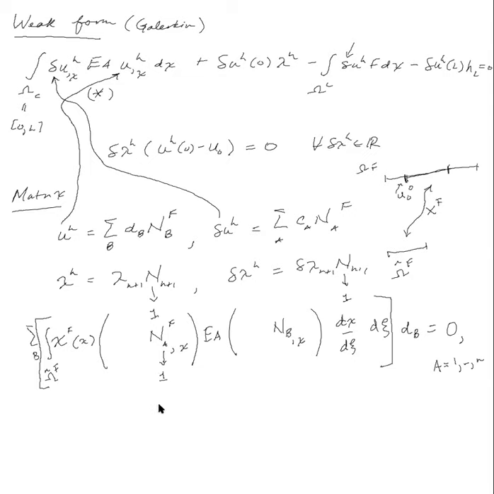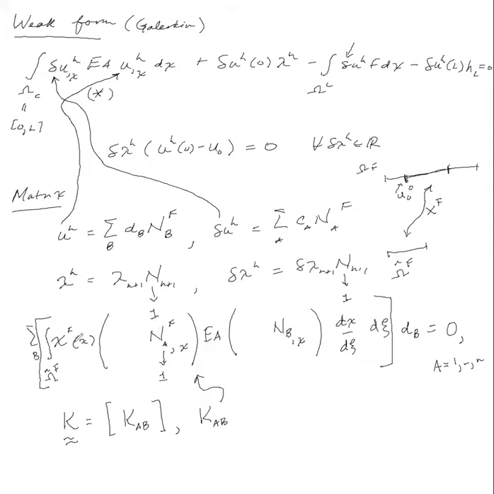This is going to give us the so-called stiffness matrix, where K is equal to a matrix. The A-bth component of that matrix is this thing in brackets, right? Here's the A index and here's the B index.